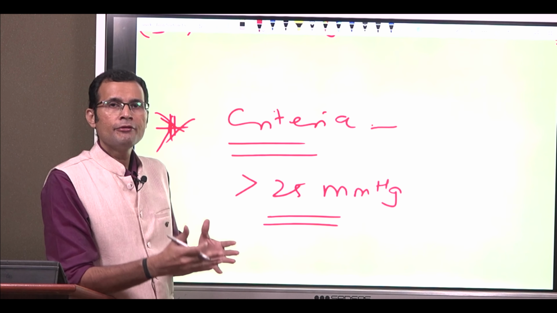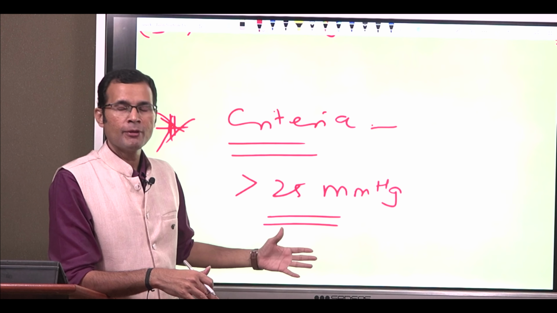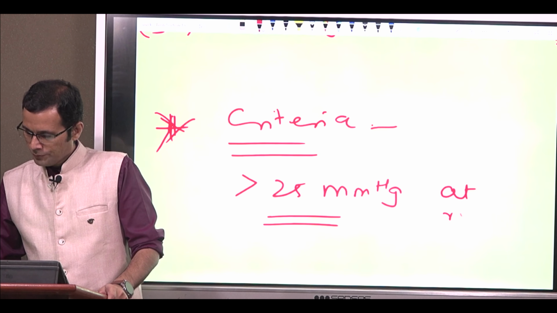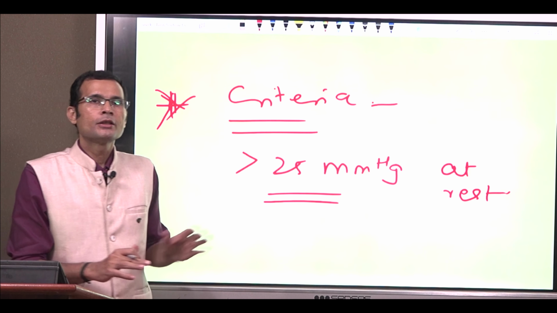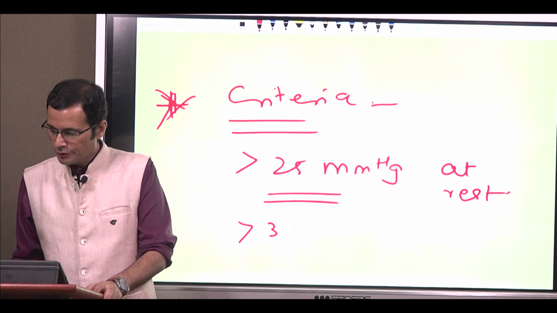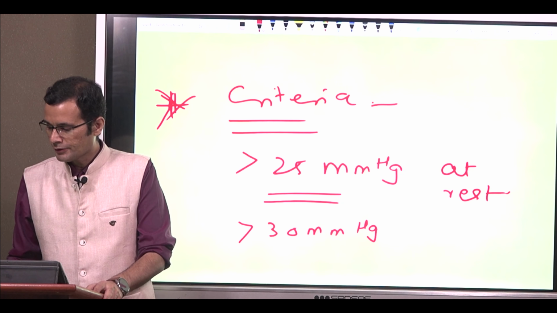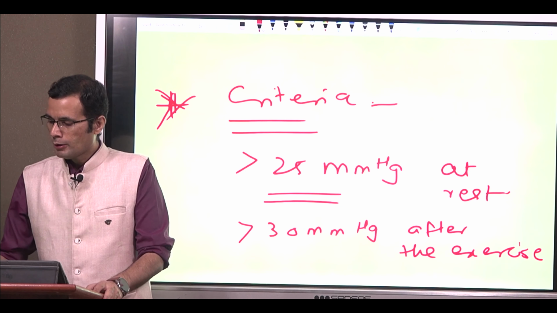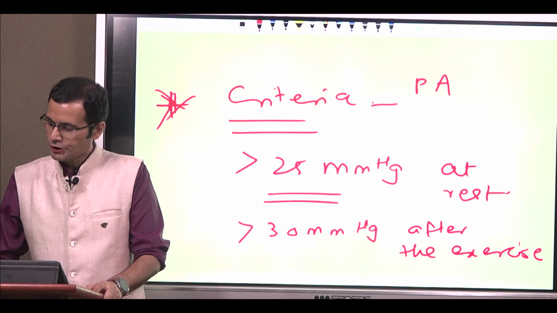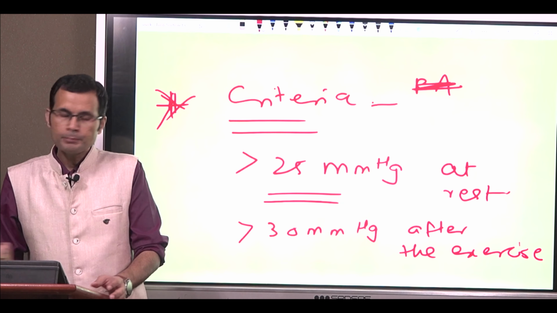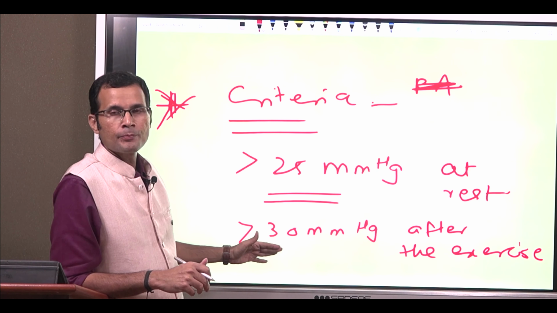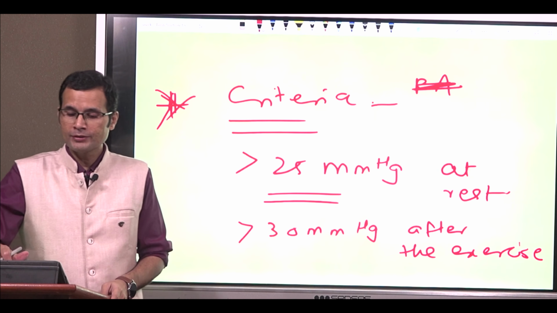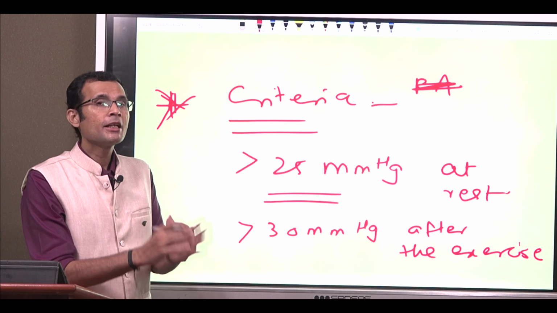If it elevates and it becomes more than 25 mm of Hg in a sustained manner at rest, or more than 30 mm of Hg after the exercise. We are talking about the pulmonary artery pressure. If it is more than these, more than 25 at rest or more than 30 mm of Hg after the exercise, then that. But yes, let me complete the sentence.